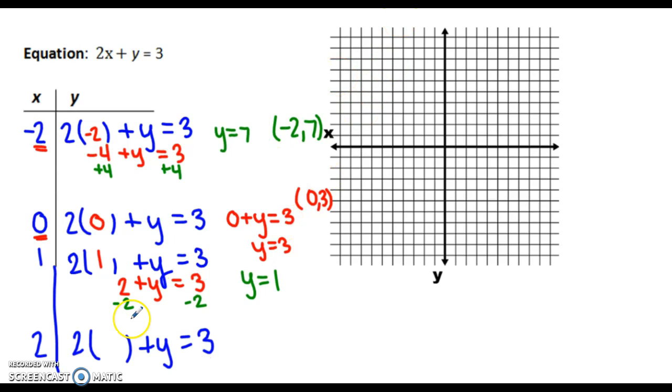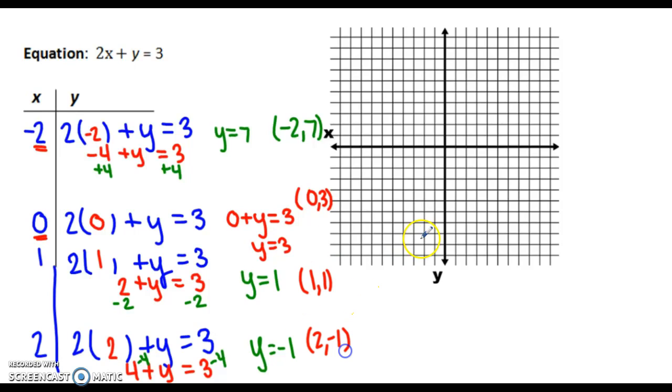Nothing changed about my equation that I write down first. So I've got 4 plus y equals 3. And we're going to subtract 4 and subtract 4. So y would equal -1. So that gives me that pair 1, 1 and 2, -1.